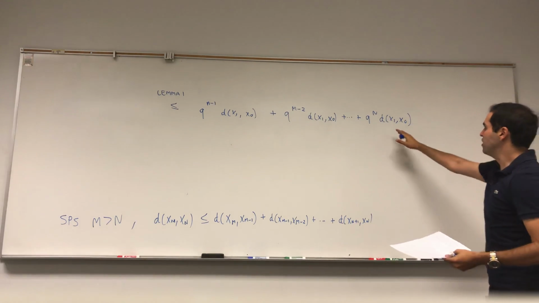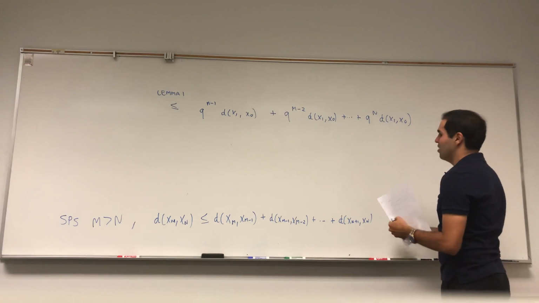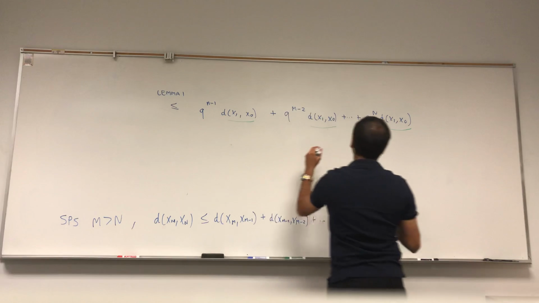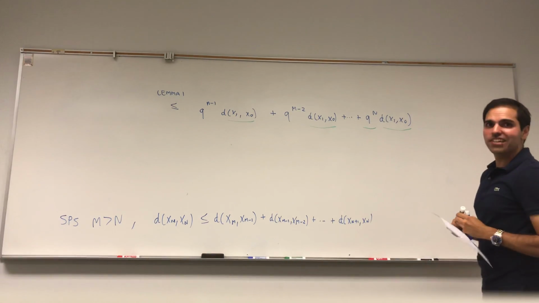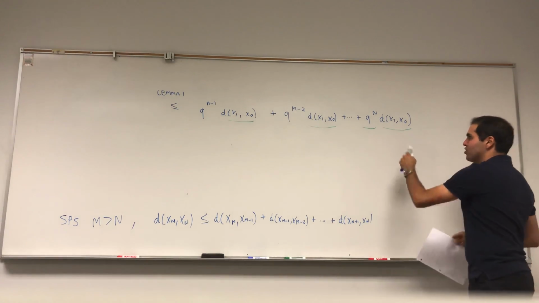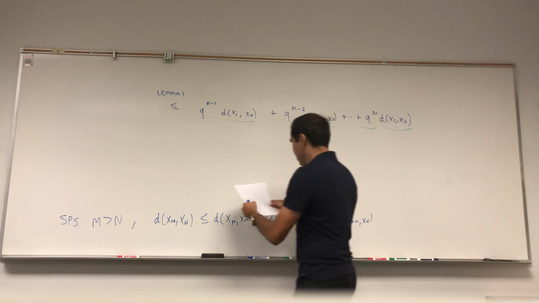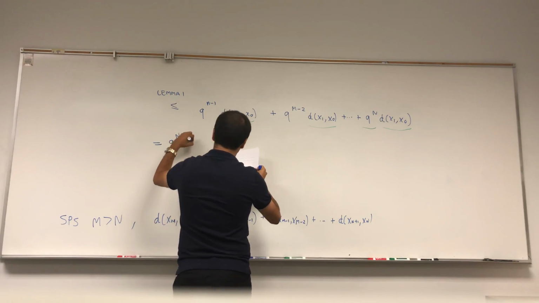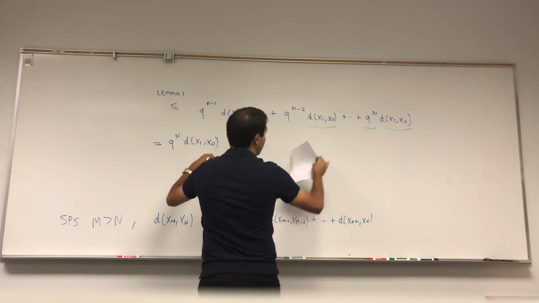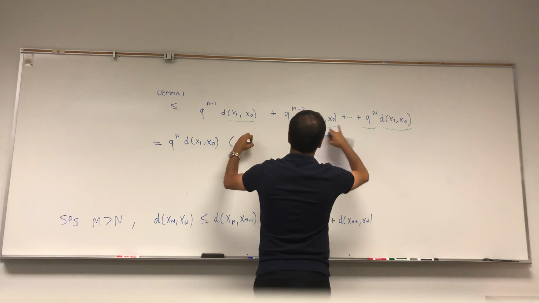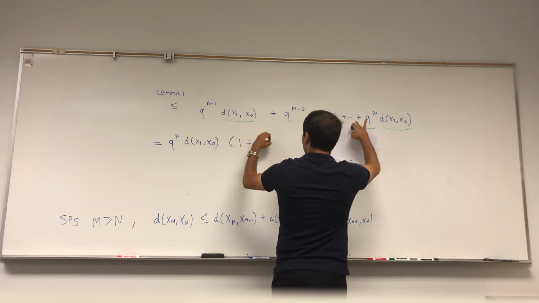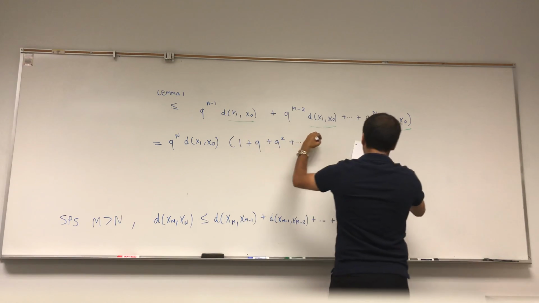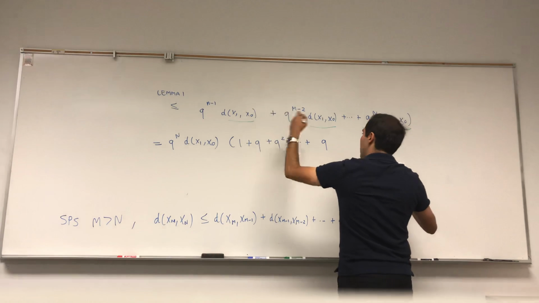And the nice thing is you can factor out the d(x_1, x_0). But not only that, remember m is bigger than n, so you can also factor out q^n, and you're left with q^n d(x_1, x_0) times (1 plus q plus q^2 plus dot dot dot up to q^(m-n-1)).